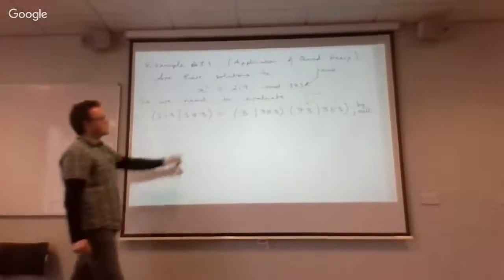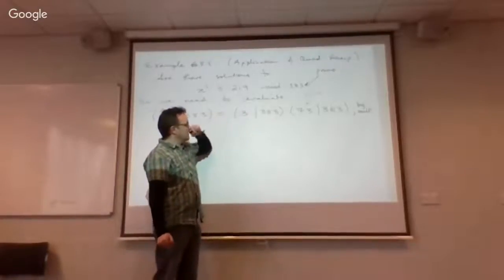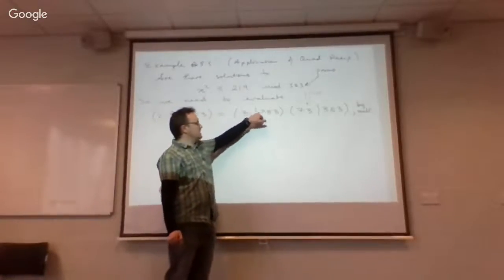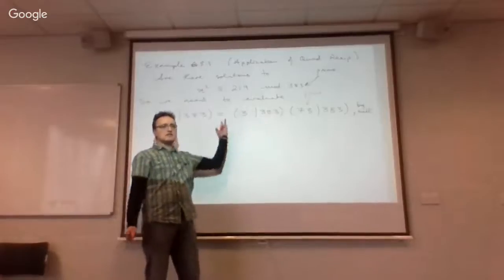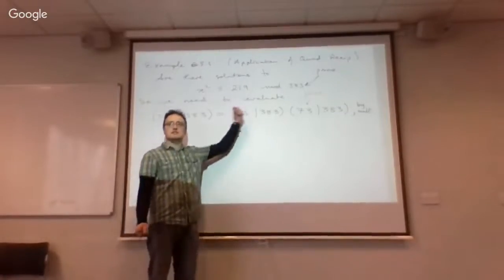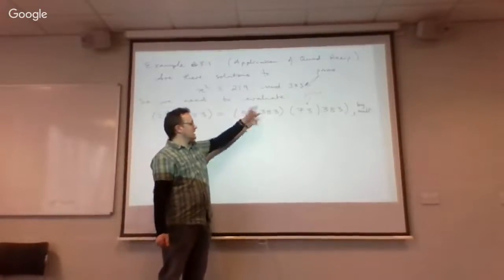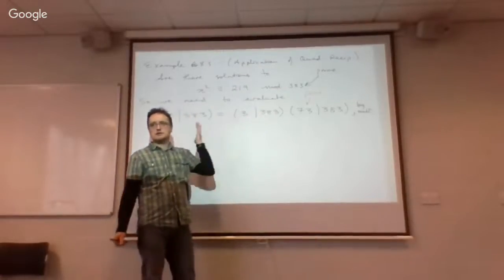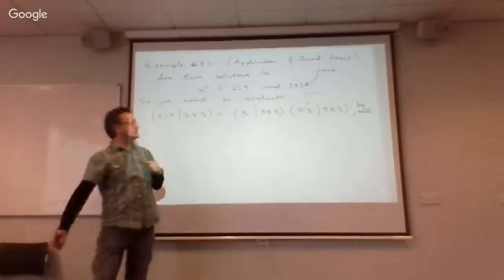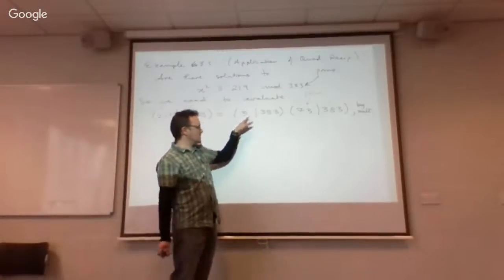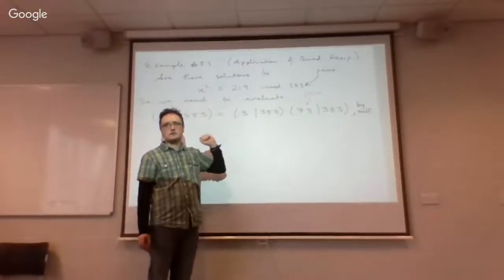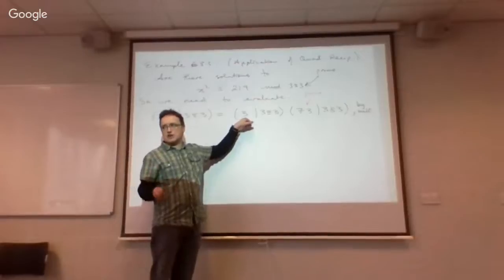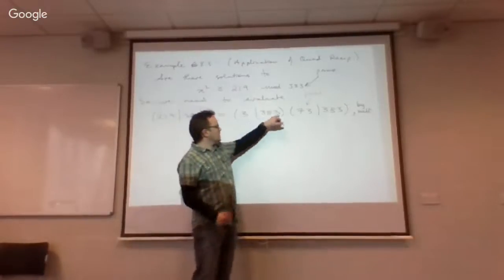So we're going to relate the Legendre symbol (3/383) to the flipped one, (383/3). Now, is it the same value or is it the opposite value? Well, the law of quadratic reciprocity says you just have to check the status of both of the primes modulo 4. Now, 3 is congruent to 3 modulo 4. What is 383?